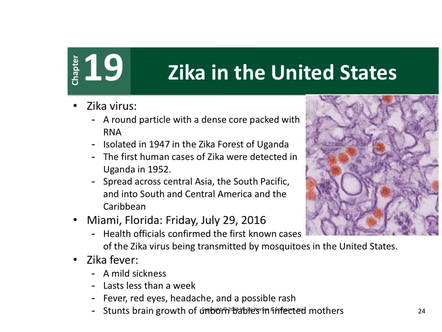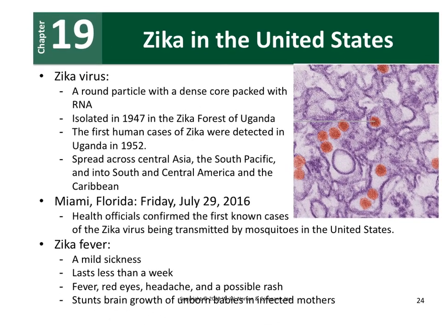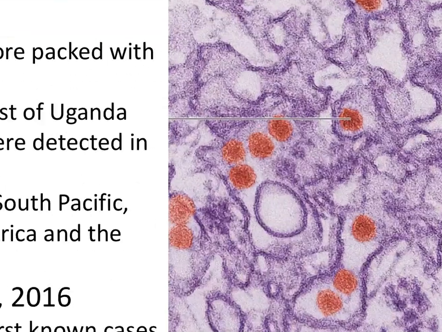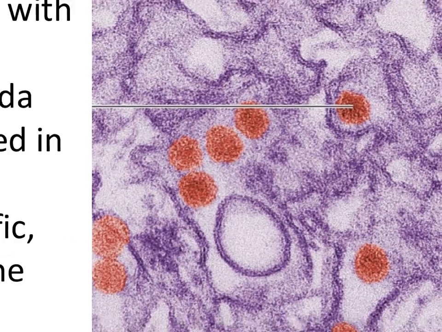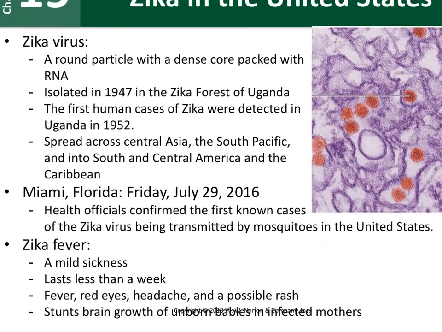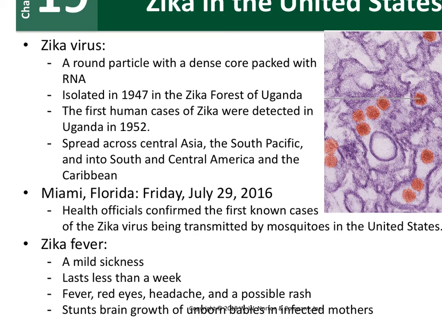Okay, so Zika, here's the actual virus. You can see this inside tissue with a brown particle with a dense core packed with RNA. It's another RNA virus. There's a number of different kinds of RNA viruses, like COVID-19 is also an RNA virus.